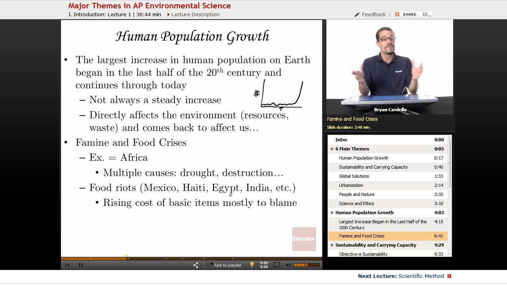That reduces the amount of food available. When the supply is a lot smaller, that can make it more expensive. And for people who barely have enough money to support their family, the rising cost of food can be a major hardship. So these are the topics that come up as a result of unchecked human population growth on Earth.